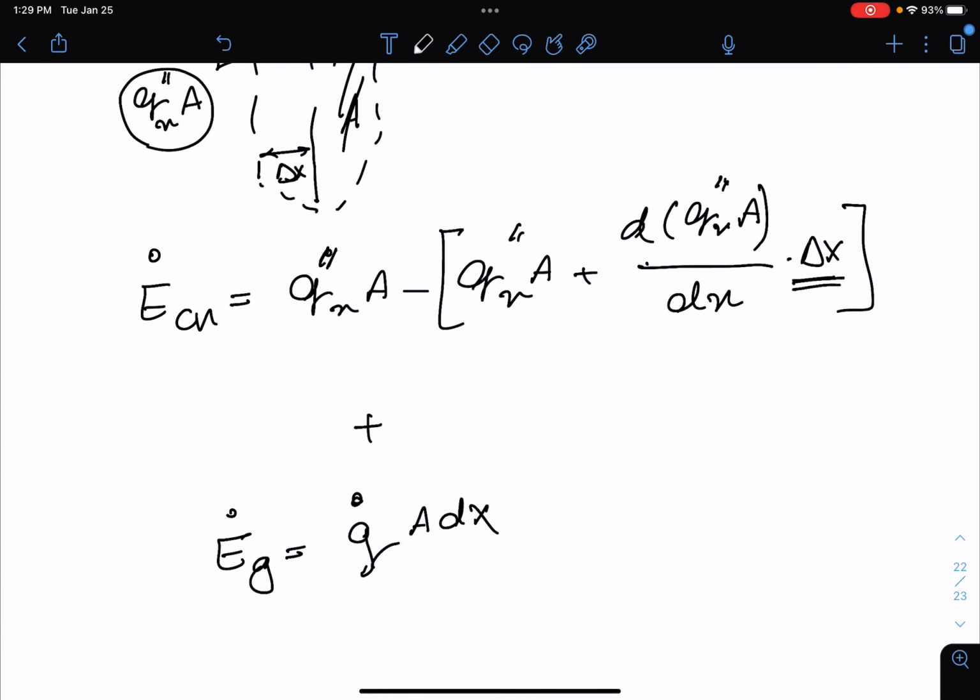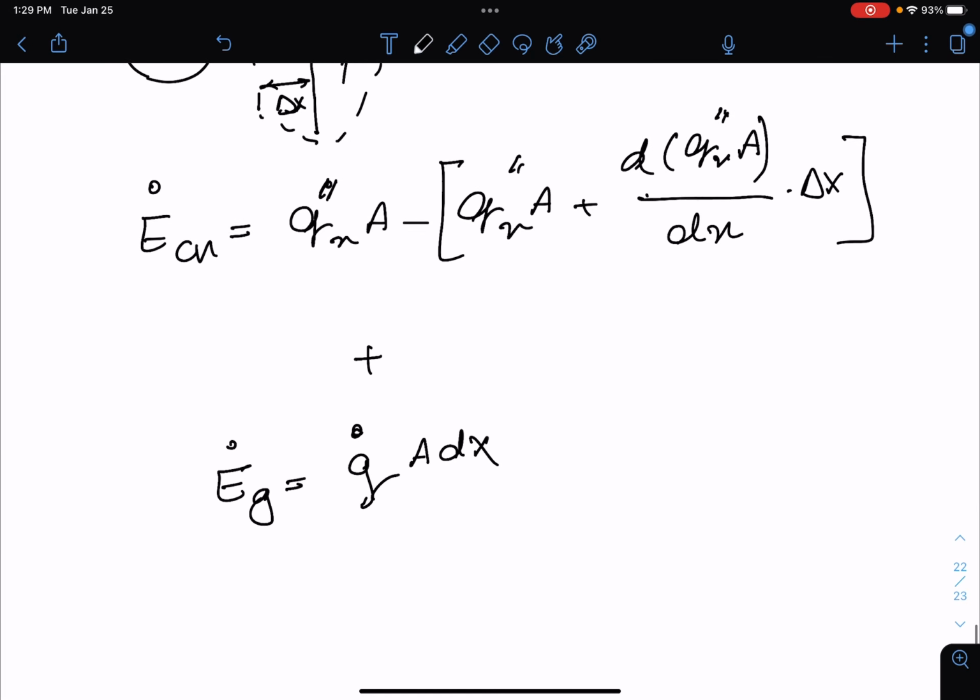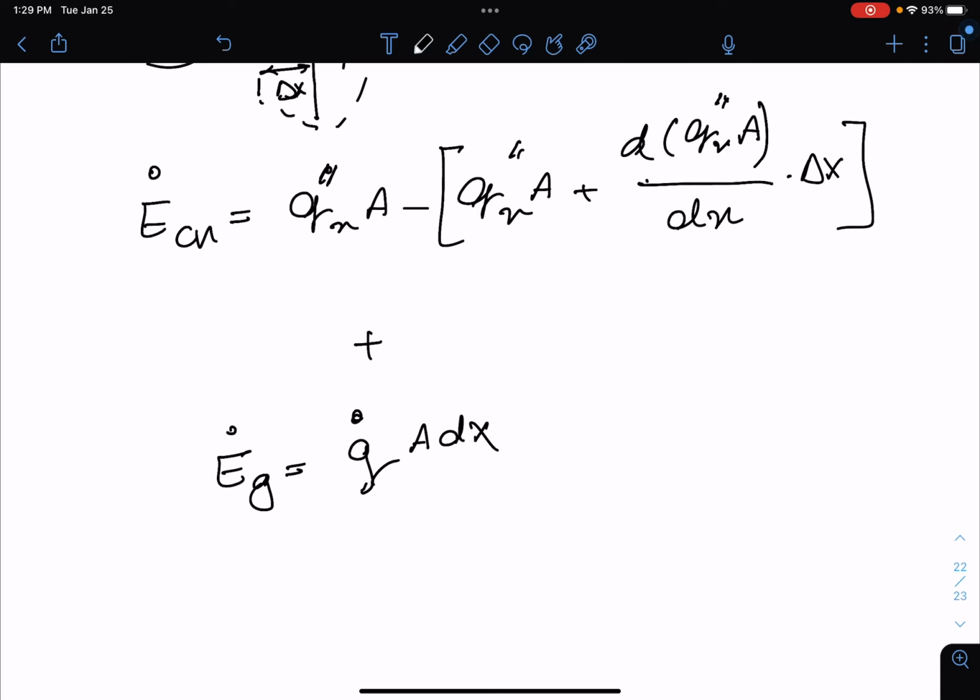I just wanted to make sure that you are not canceling these two with each other. That's why I changed it to delta x. But in reality, it should be dx. What is EG again? Is that Q dot A dx? Yes, Q dot is the heat source. That's a volumetric heat source, so the amount of heat generation at each point, right? And we want the total of that. So if you have a value at each point and it is uniformly distributed, you have to multiply it by the volume of your system to get the total generation.